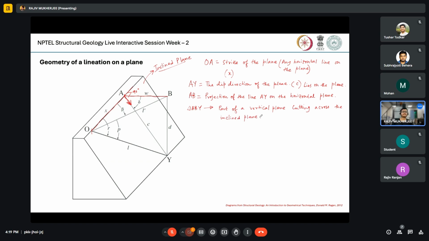Okay, so then we have this linear segment BY. This is basically the edge of the vertical plane we are talking about, right?